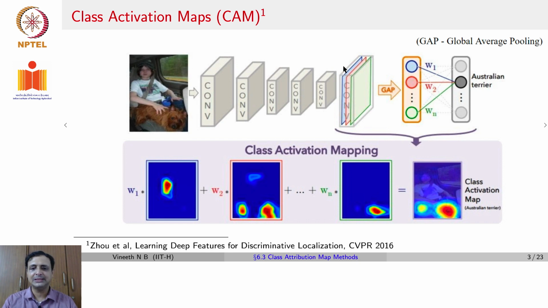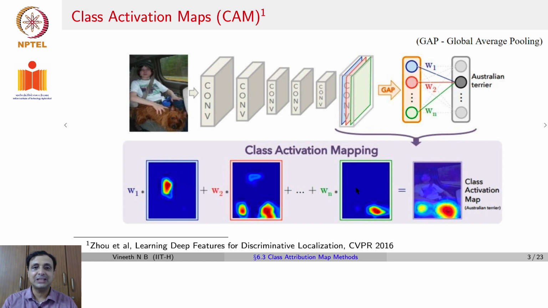Now, how does this help us? For a given image, such as the image that you see here, if you forward propagated this through a trained AlexNet, you would get a set of n activation maps at the last convolutional layer. Let's assume that these are those activation maps. So you see one here, the second one here, and so on until the last one here.